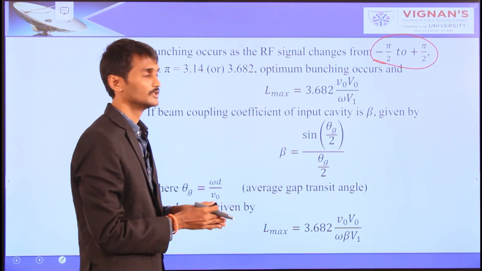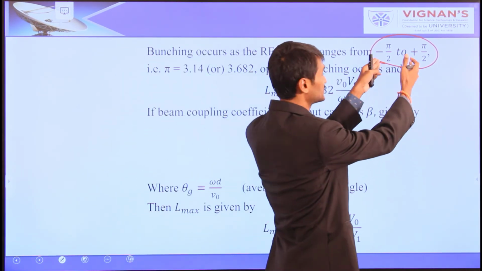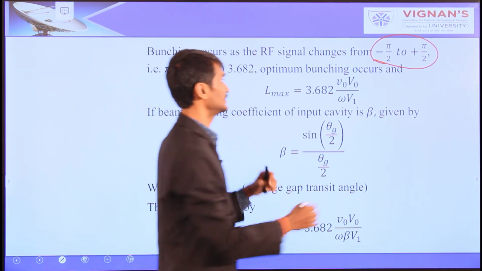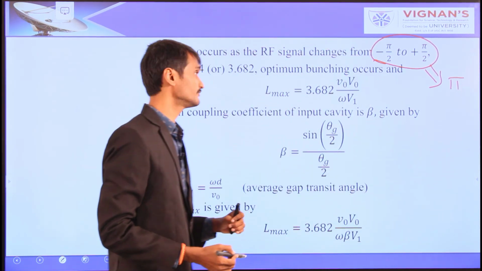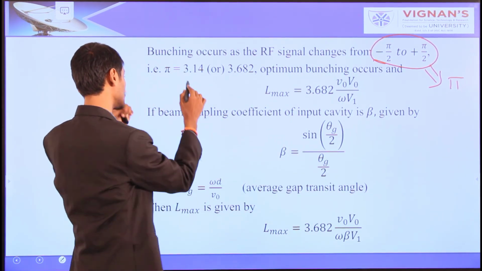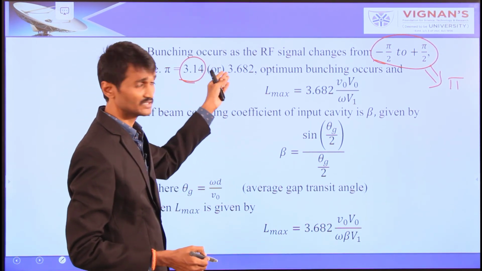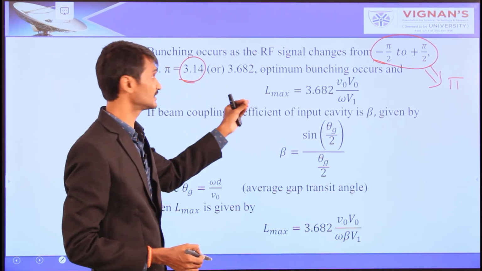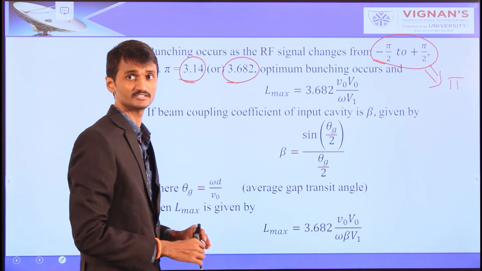So we are assuming that bunching occurs over the duration of minus pi by 2 to plus pi by 2, so that is the duration of pi, which we know is 3.14, or 3.682. Actually this is the optimum bunching; the optimum bunching occurs at this value of 3.682.